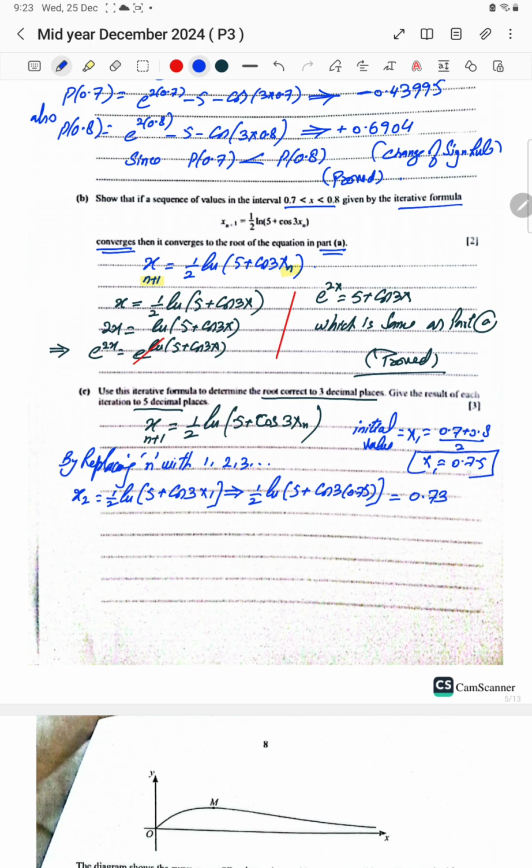So we have to write in 5 decimal places: 0.73759. This is the first result for x2.